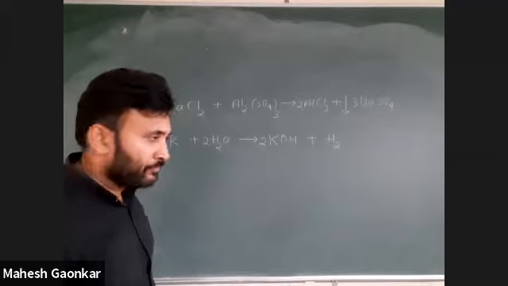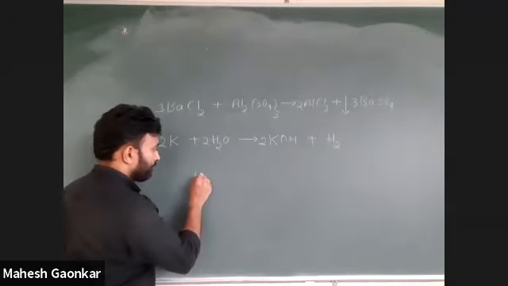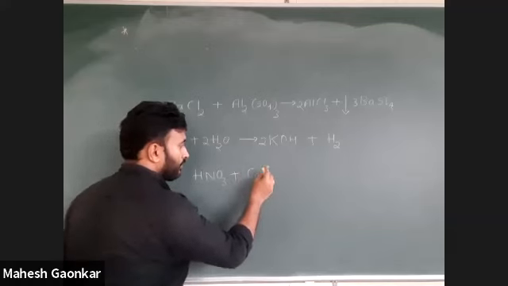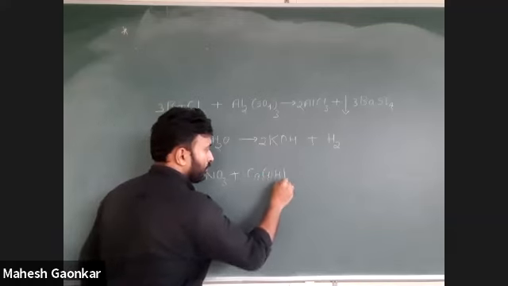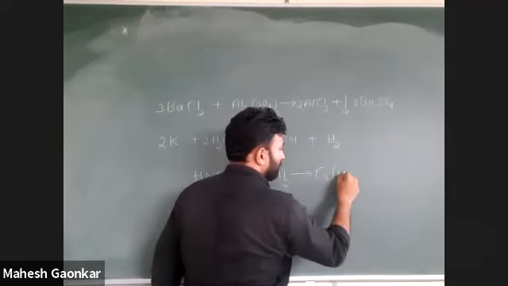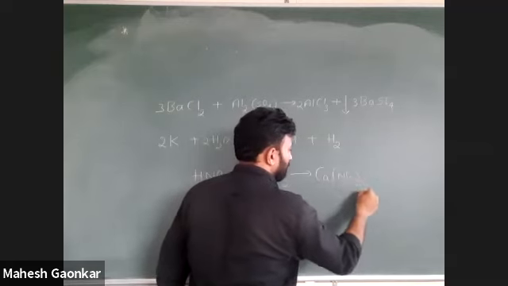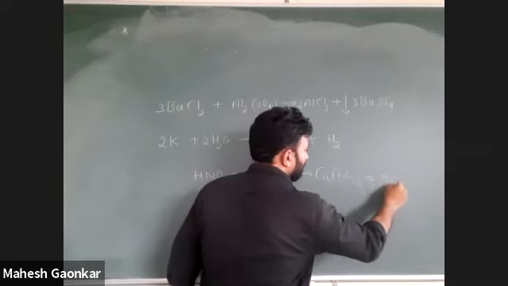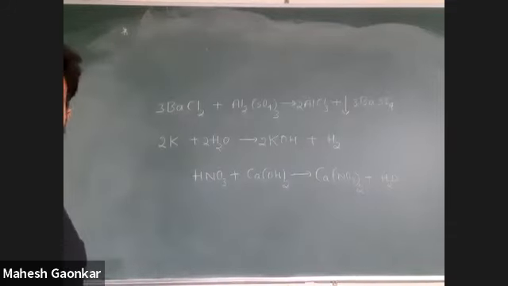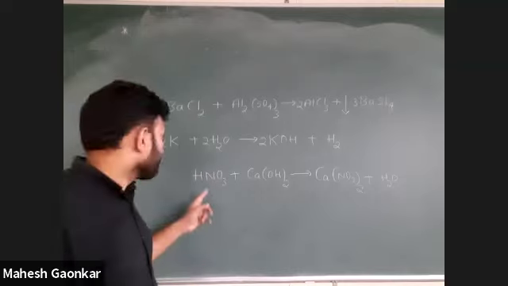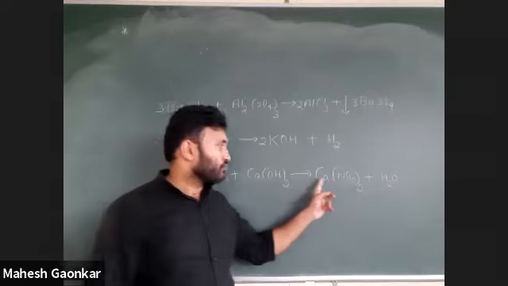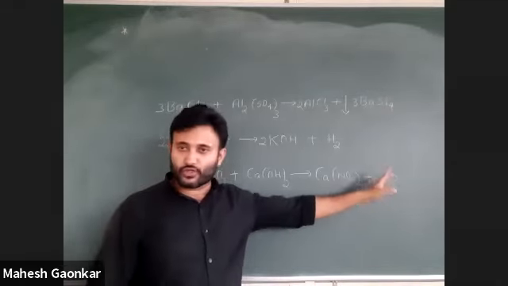Yes, sir. First one is HNO3 plus Ca(OH)2 that gives Ca(NO3)2 plus H2O. This is the reaction. HNO3 plus Ca(OH)2 gives Ca(NO3)2 plus H2O, right?